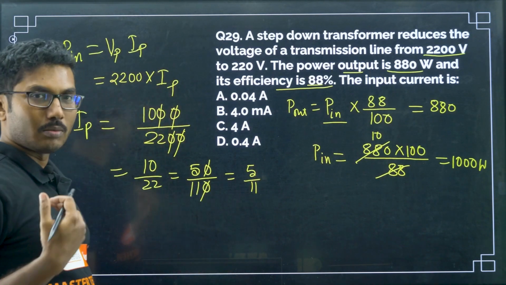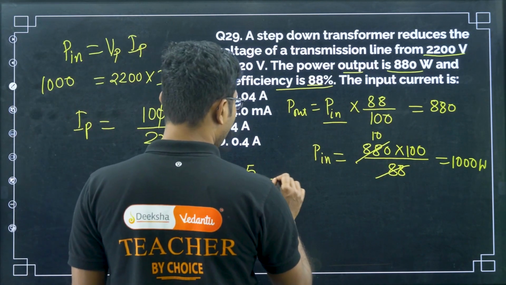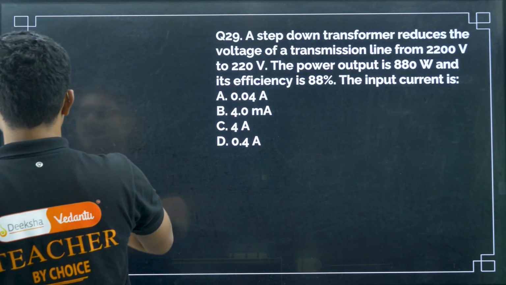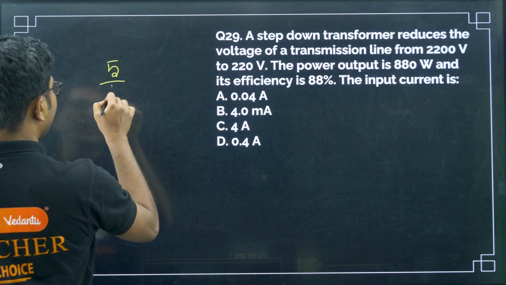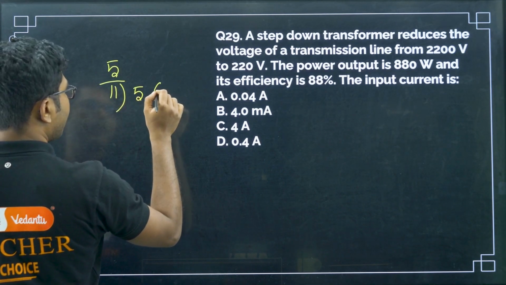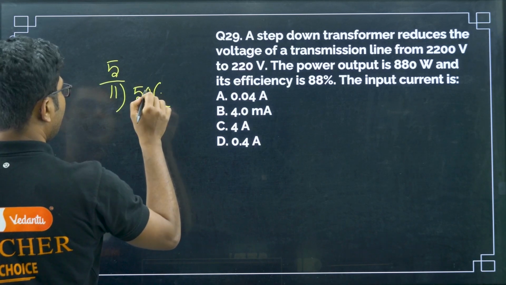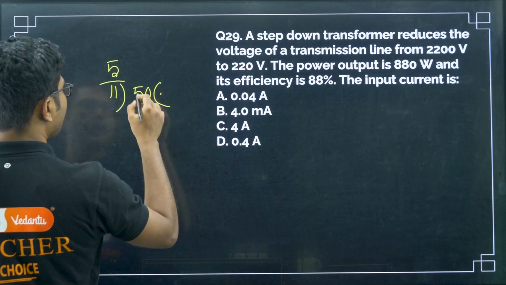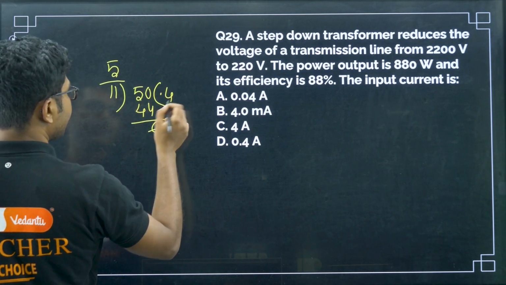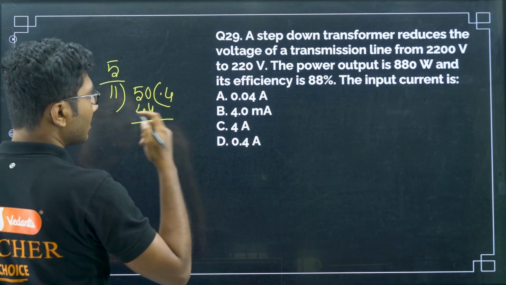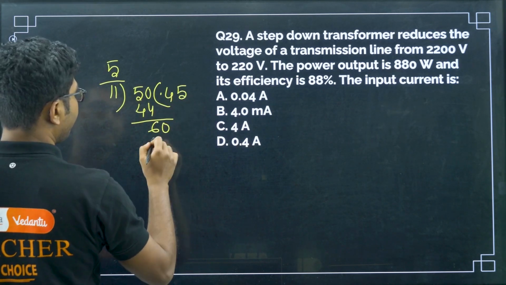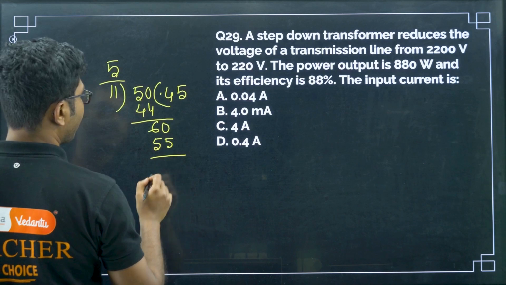5 by 11 is almost equal to, you can just do the division. 5 by 11, 0.4, 4 ones are 44, so 6, again you will get 60, 5 5 5, it will continue, right.